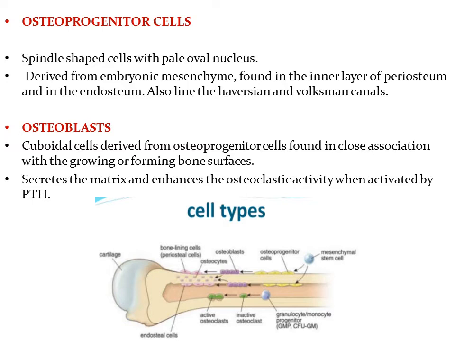Resorption activity, which is performed by the osteoclast, is activated by the osteoblast through the parathyroid hormone, via what is called an osteoclast-stimulating factor. You can see here that the osteoblasts activate the osteoclastic activity when the osteoblast is activated by the parathyroid hormone.